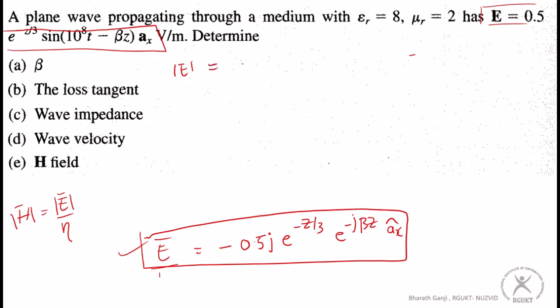I can see the magnitude is -0.5 e^(-z/3) into j.